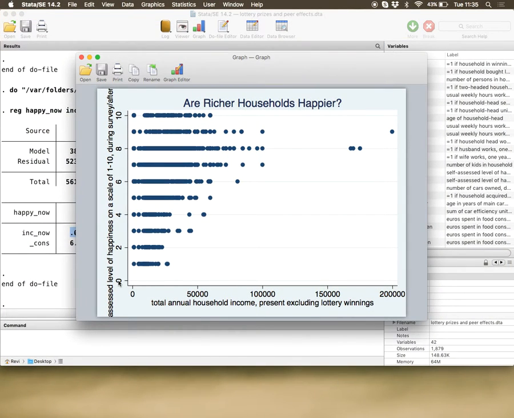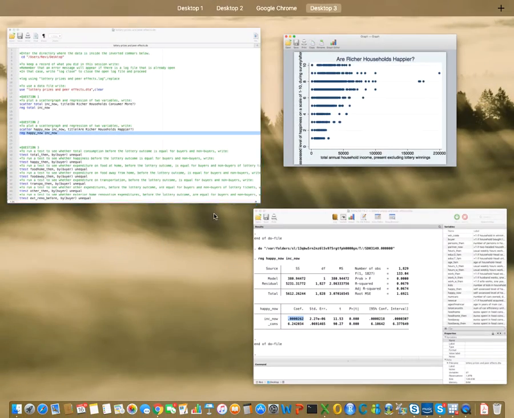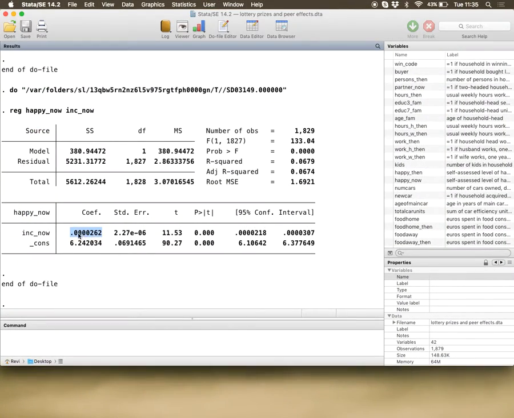Happiness is measured from 0 to 10. Income is measured from 0 to 200,000. So how do I interpret this? An extra dollar changes my reported level of happiness by 0.00002. But it is statistically significant, okay?